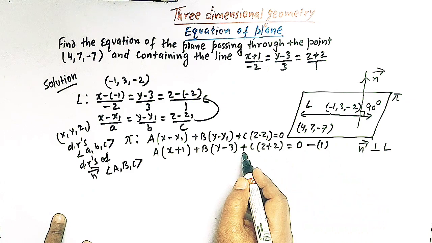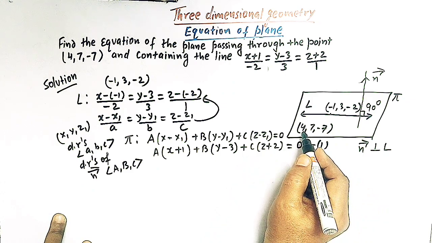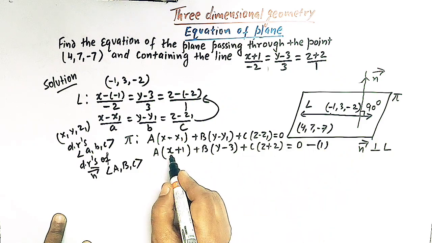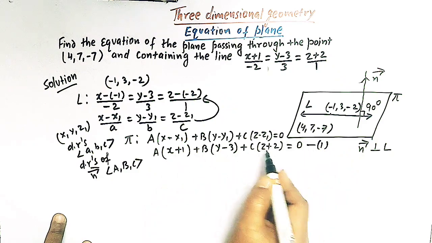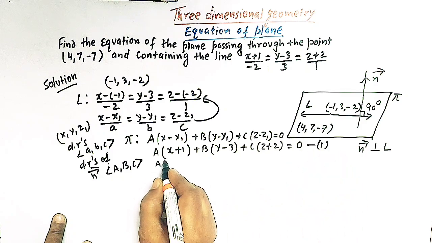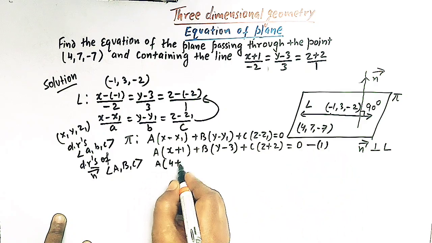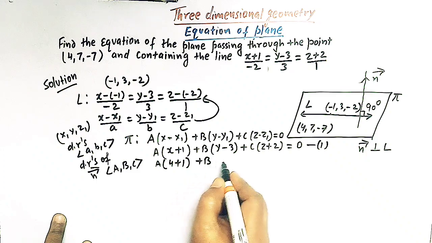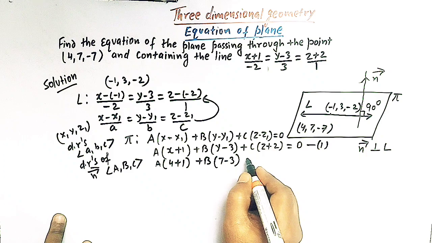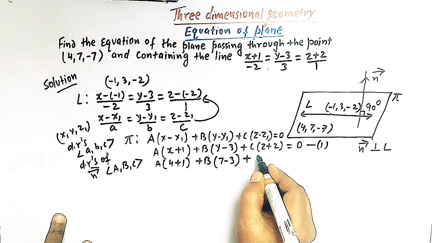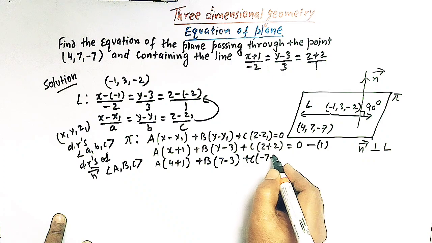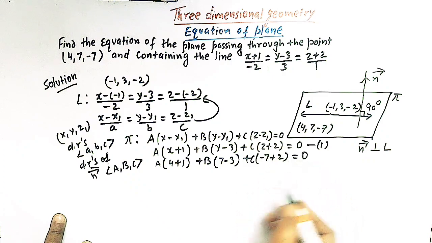Now this plane also passes through this point 4 comma 7 comma minus 7. So let us substitute here for x, y and z as 4, 7 and minus 7. So we have here A times (4 plus 1), then B times (7 minus 3), and then C times (minus 7 plus 2) is equal to 0.